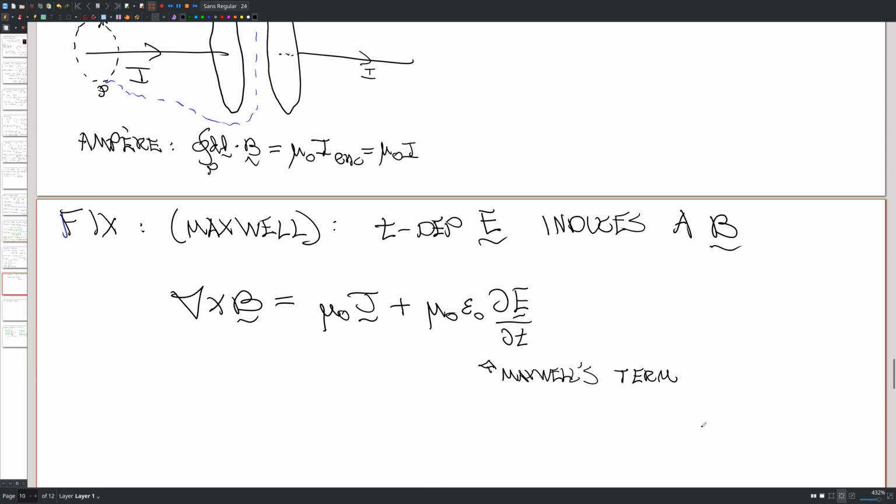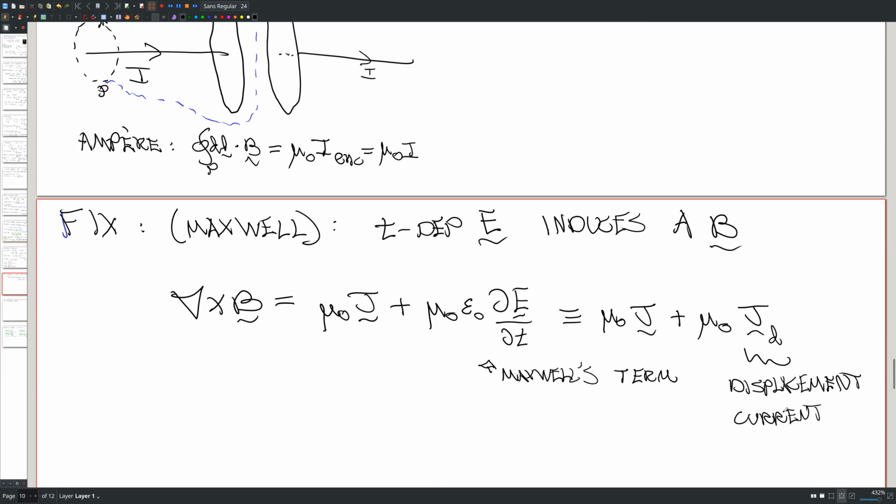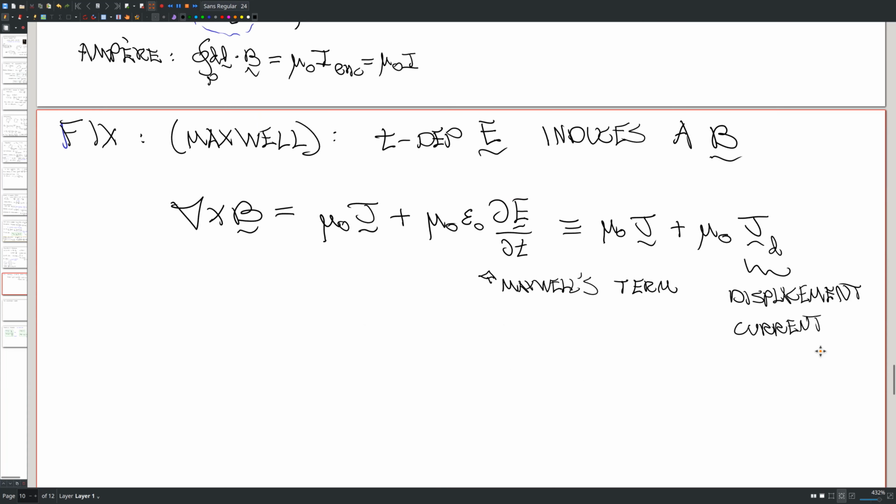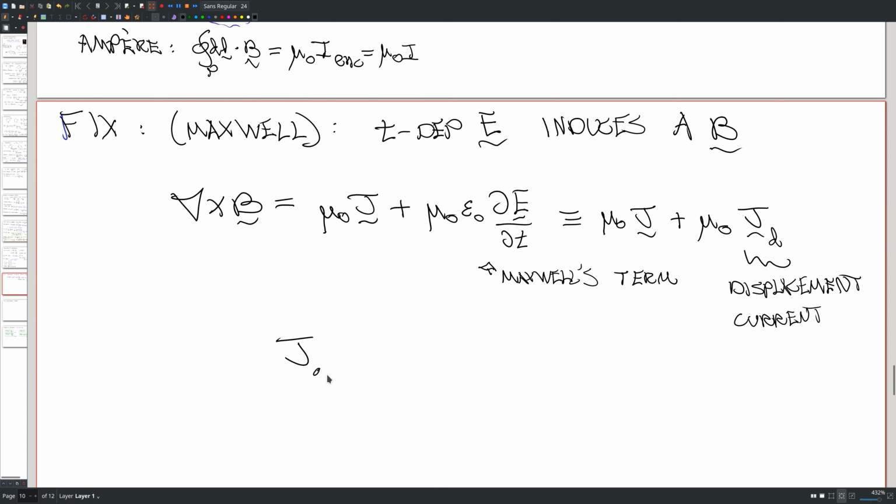The nomenclature here is that Maxwell introduced the so-called displacement current. Very unfortunate choice of name. So this displacement current, J_D, is just epsilon 0 dE dt.